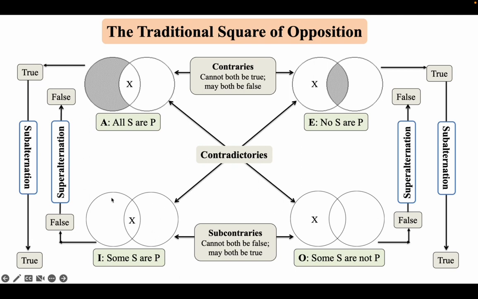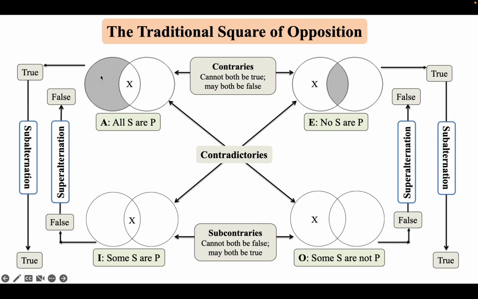Okay? So if it is false that some bananas are green, obviously the statement that some bananas are not green must be true. It cannot be false. So I and O cannot both be false, but it's possible that they're both true.